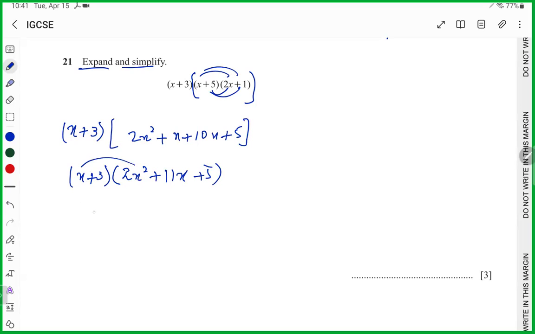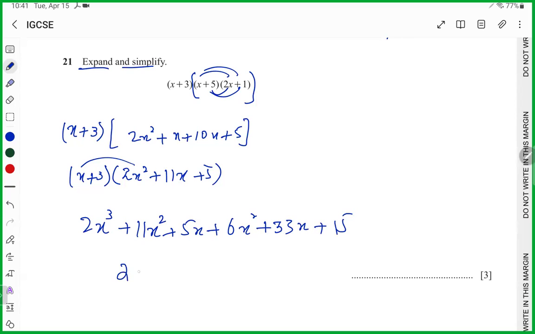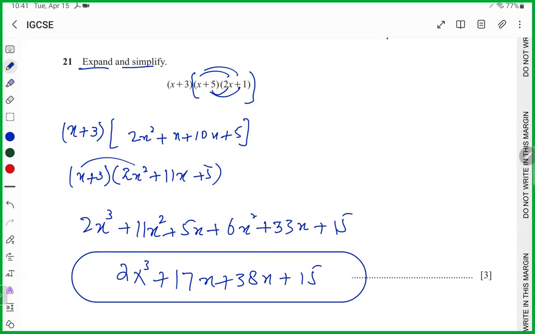And now you multiply this. That is going to be 2x cubed, 5x, 6x squared, plus 15. So that is going to be 2x cubed plus 17x squared plus 38x plus 15. Right?